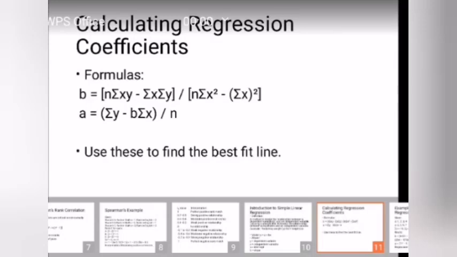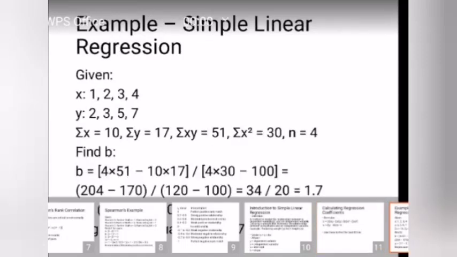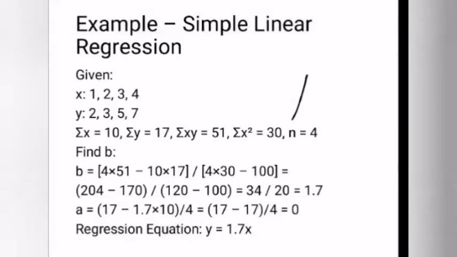And for you to get a, it is sigma y minus b sigma x over n. So you have to be careful with finding these answers, because what you get in b is what you're going to use in finding a. If you make a mistake in your b, you've already made a mistake from there. When you get a, your answers can never be correct.